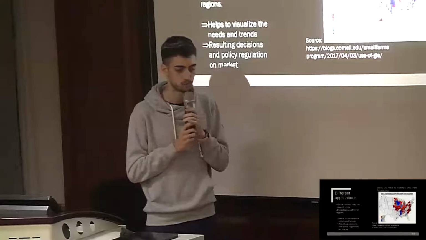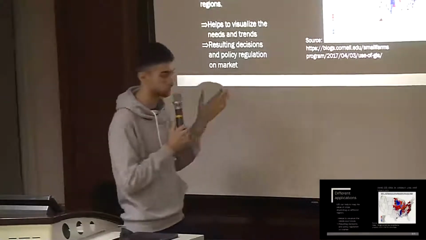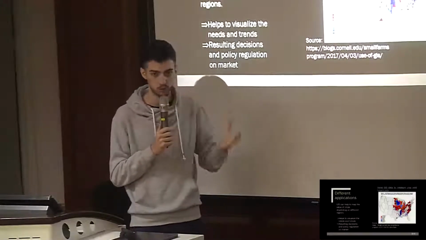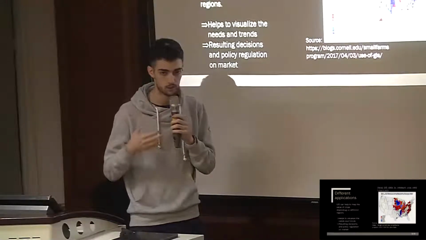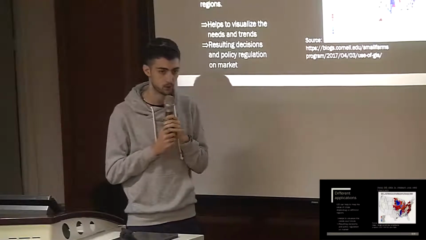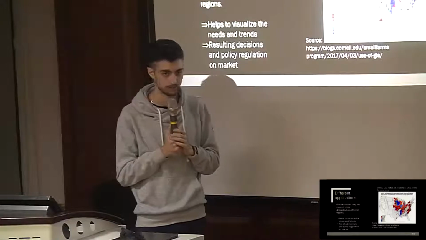You can mix it all. That is very convenient with GIS, because you can use whatever you want and all the data you want. It's designed by your own. So yes, you can still use GPS in GIS.